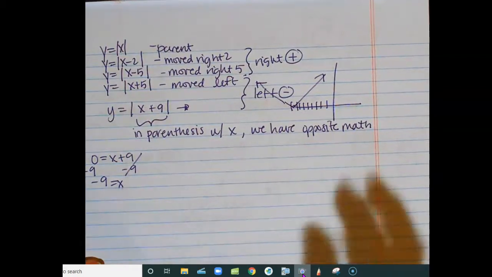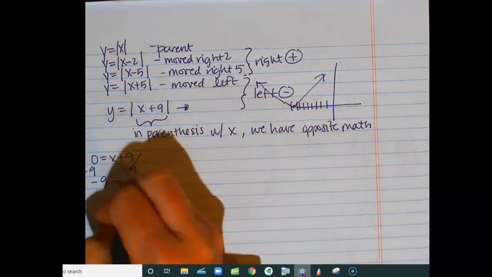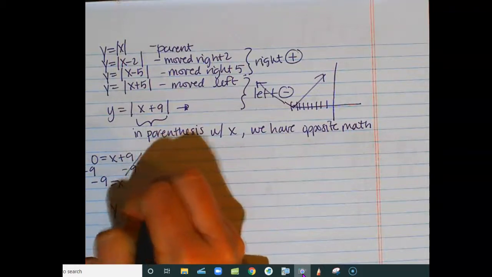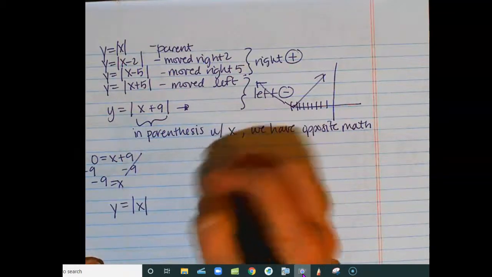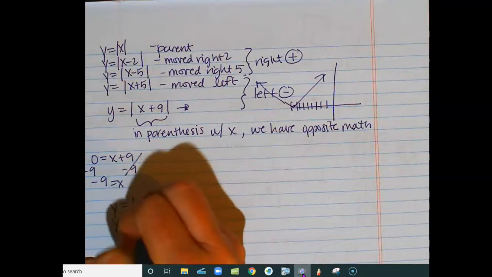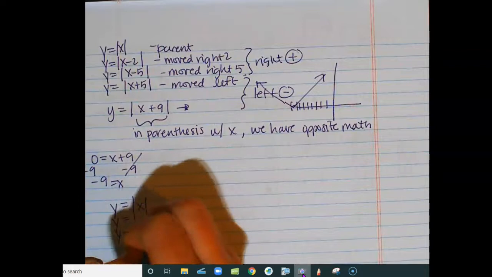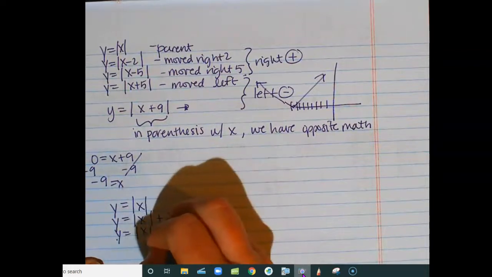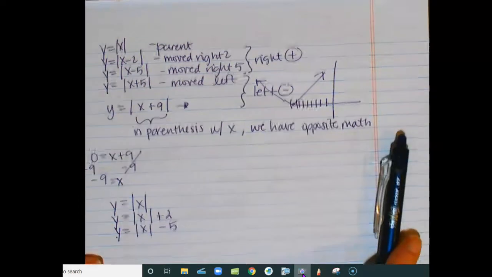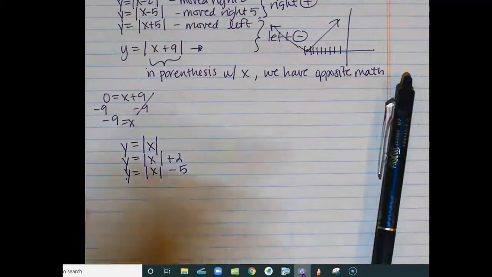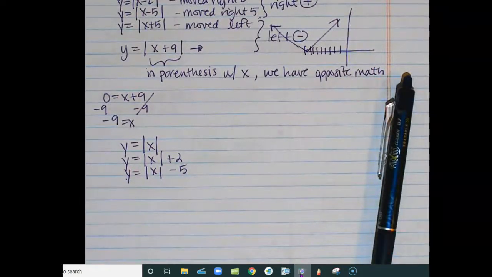Let's look at some more translations with our graphs. Let's look at the parent function, and then this time let's compare y equals the absolute value of x plus 2, y equals the absolute value of x minus 5, and see what happens. I'm going to graph those in the calculator, and we will make plans for those translations.